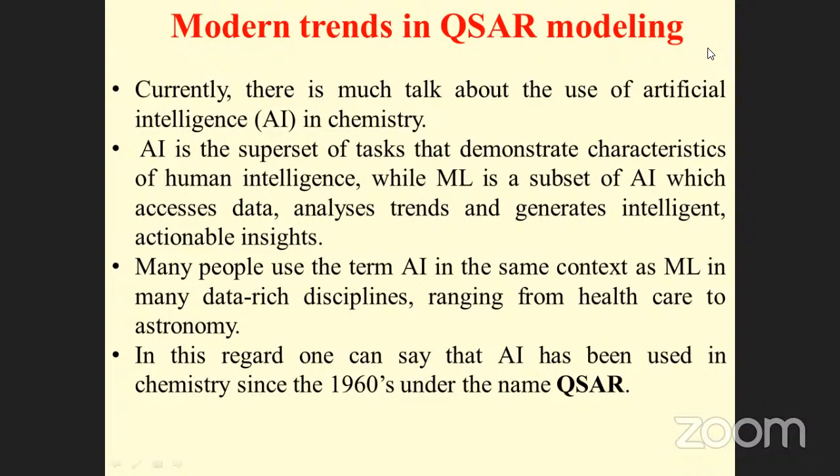Why? Because the world is mad after artificial intelligence. The only chemistry people are not giving any value to it. Let me show you why this happens. Next, please. Next. Stop. Here is one of my good friends. Can you recognize? I said my friend.